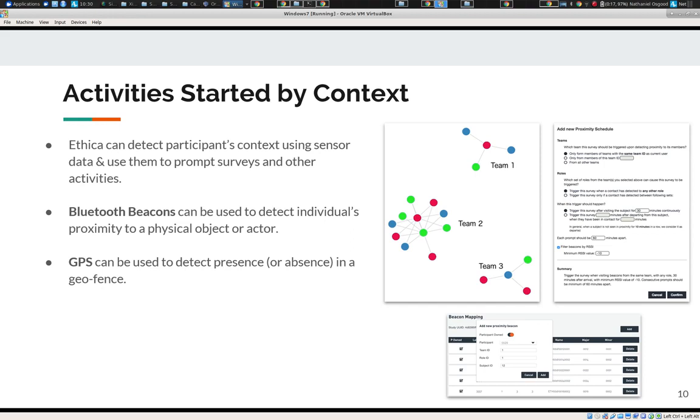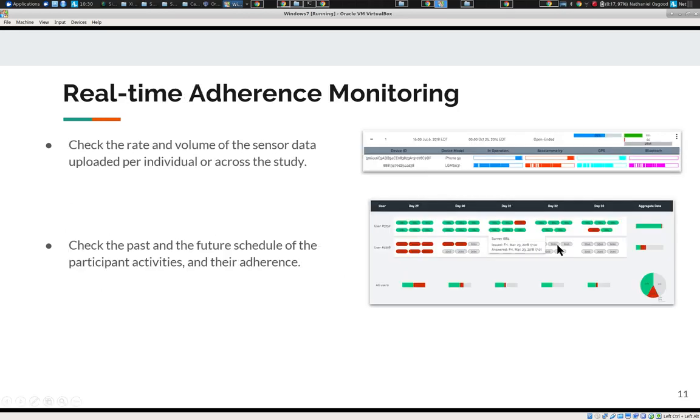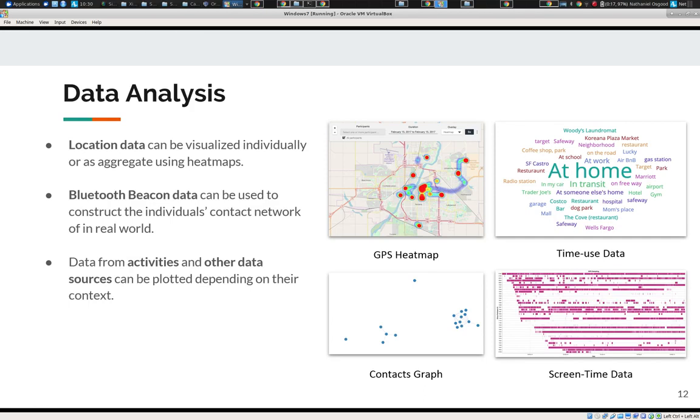We can capture network information using Bluetooth beacons, and trigger surveys based on that. We can also trigger surveys based on GPS mechanisms. And there's an interface for configuring those. Ethica allows for monitoring data as it comes in from the system, and understanding where people are keeping up with the surveys, or keeping up with the data offering GPS, for example, and where they might need to be nudged.